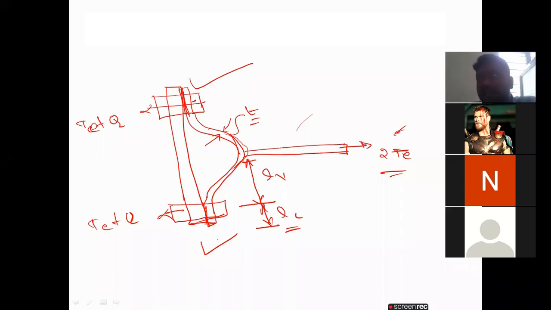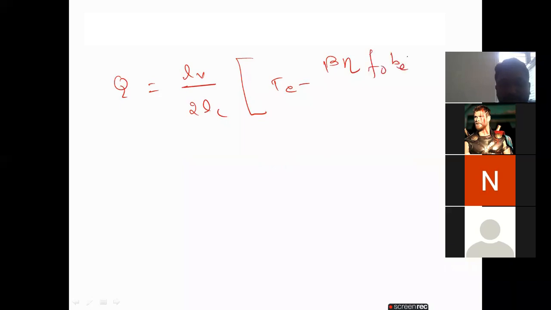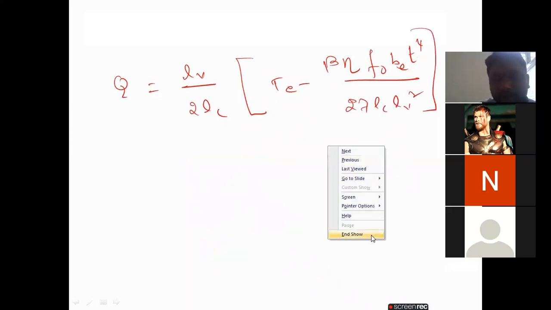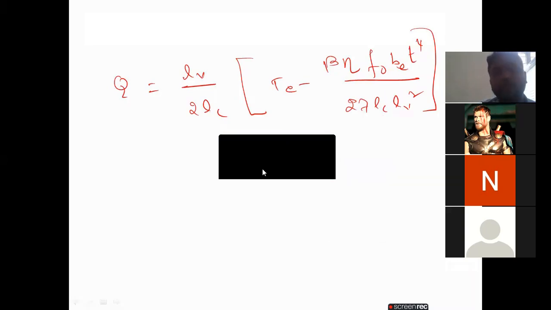But later, in the IS 800 2007 code book, when limit state design came into the picture, we have a separate formula for this prying force, that is Q equal to LV by 2LC into TE minus beta eta F naught BE T power 4 by 27 LC LV square. And my dear students, this formula is available in the IS 800 code book.